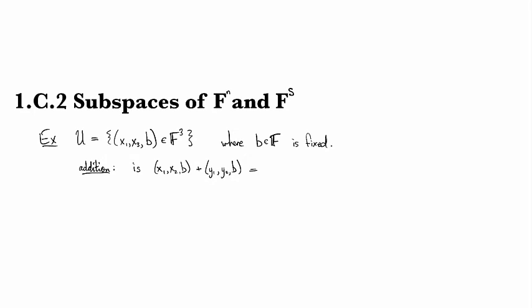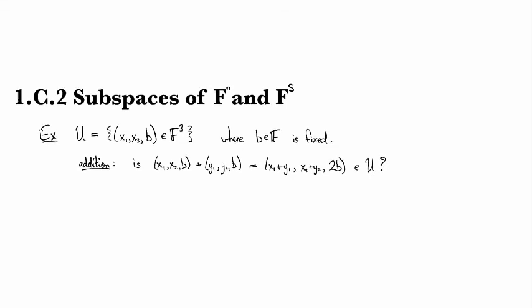We look at the way that the operation is defined. We have x1 plus y1 in the first coordinate, x2 plus y2 in the second coordinate, and b plus b, commonly known as 2b, in the third coordinate. So is the sum back in U? That's the question that you need to ask.